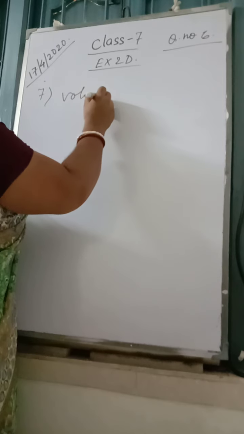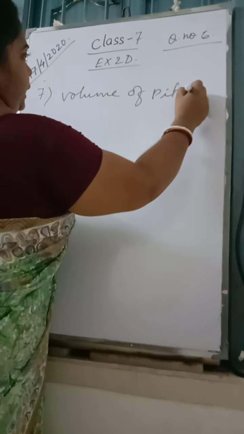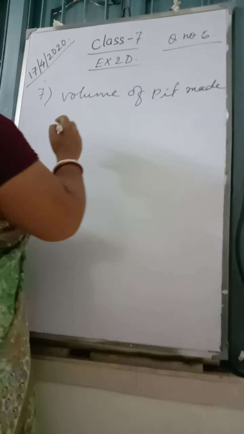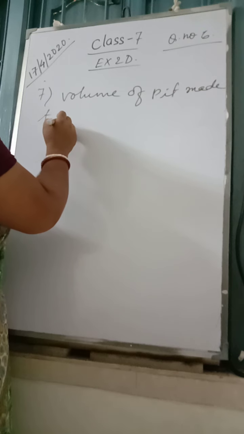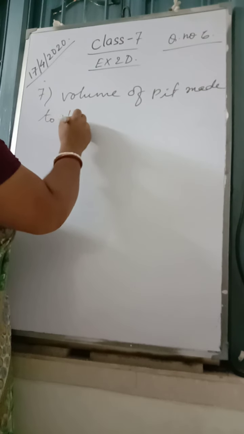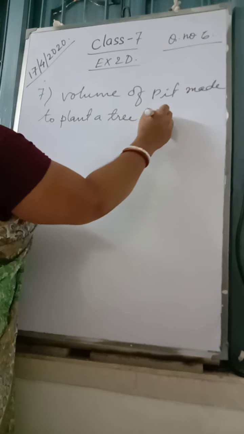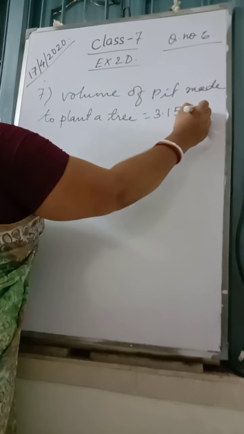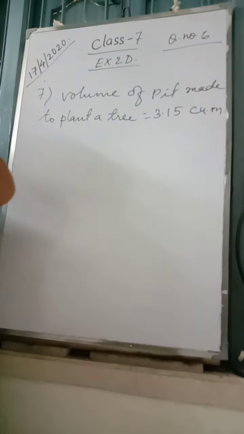Question number 7. Volume of pit made to plant a tree is equal to 3.15 cubic meter. Is it?